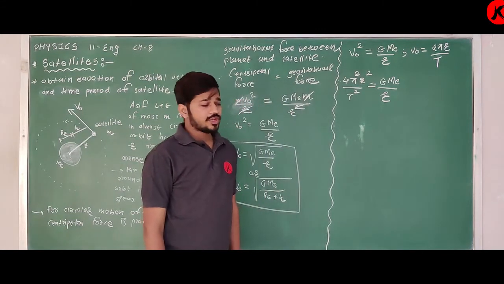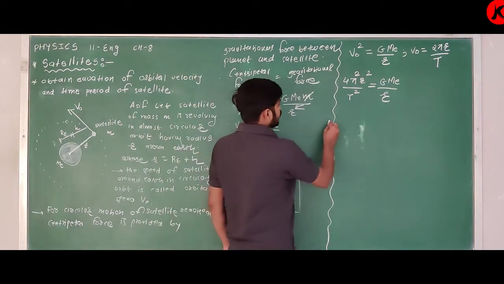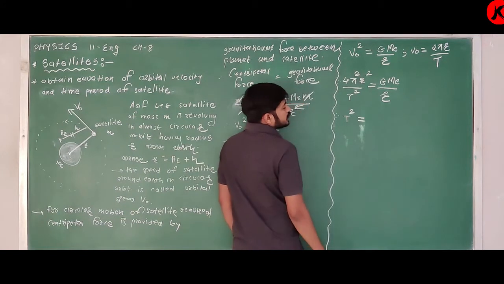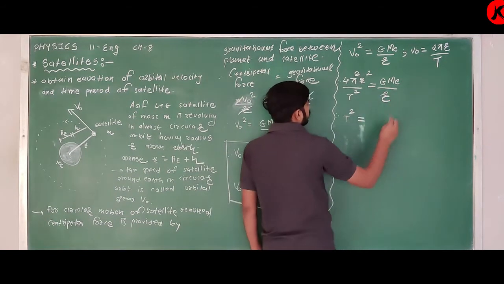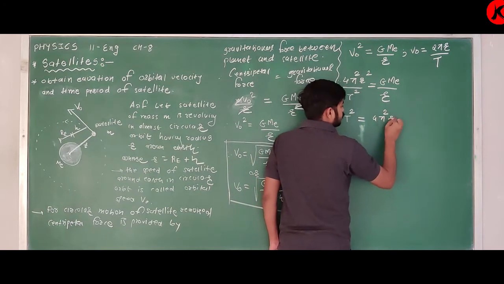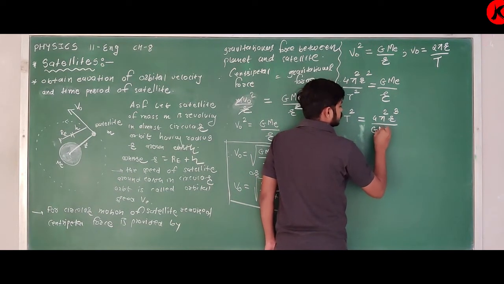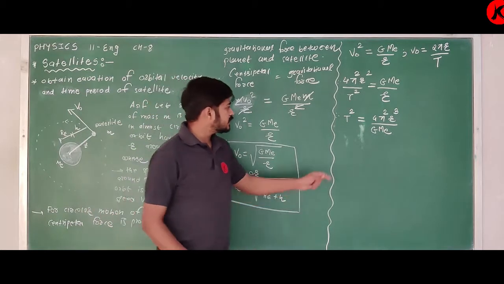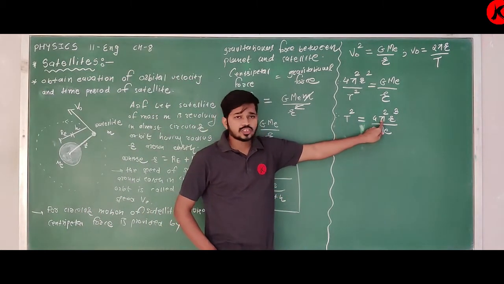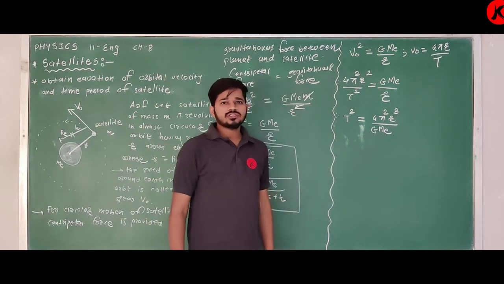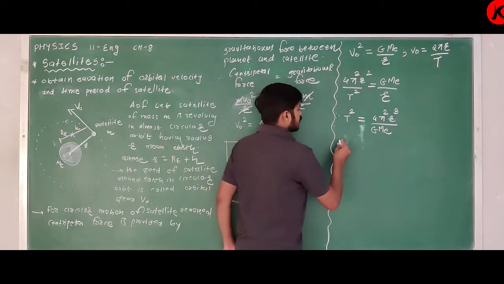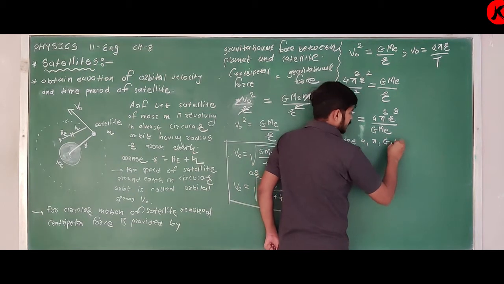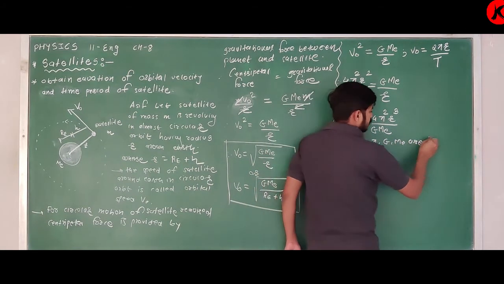Now make T square the subject. So T square is equal to 4 pi square r cube upon G Me. Now, 4, pi, G, Me are all constants.